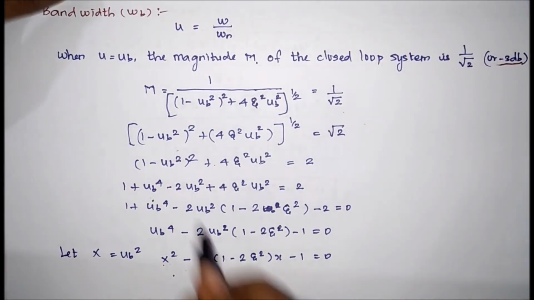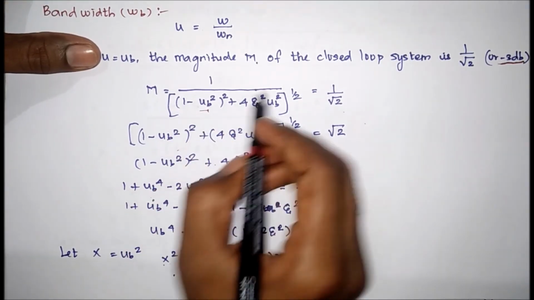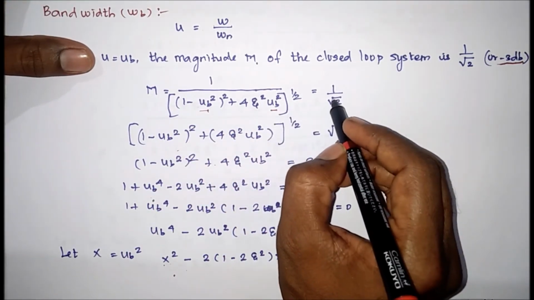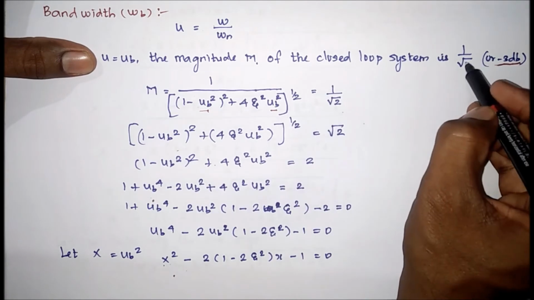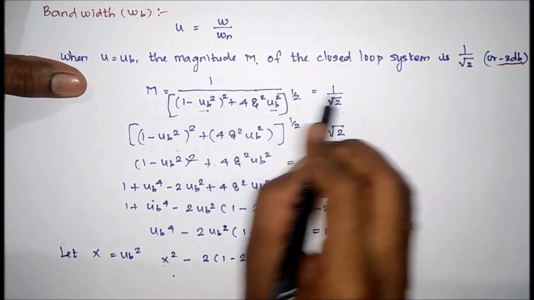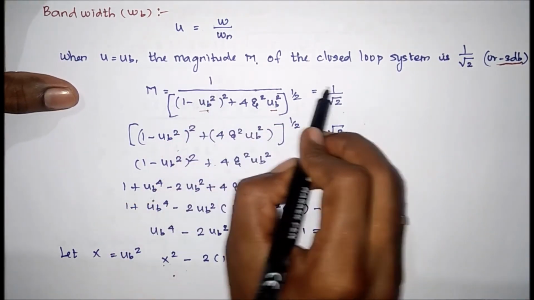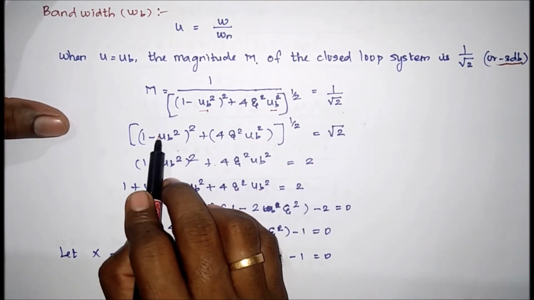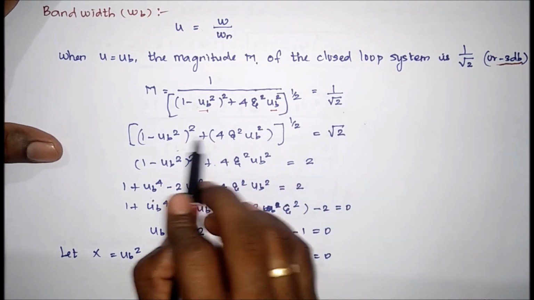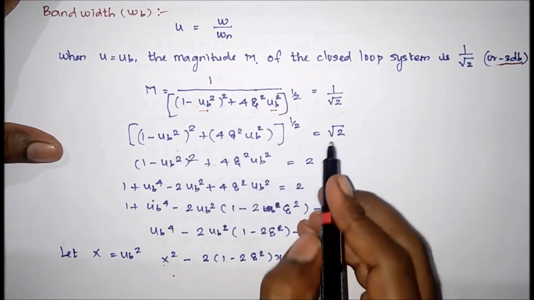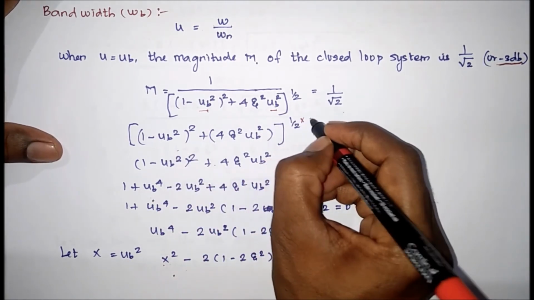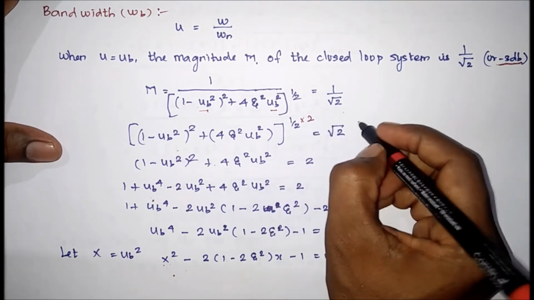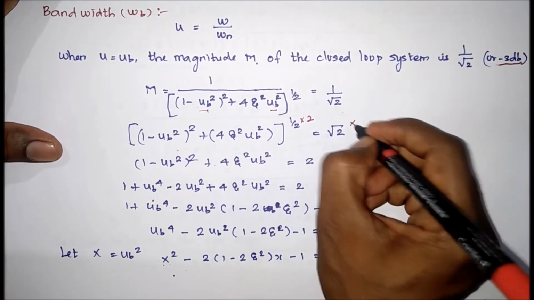Then we have to equate its magnitude to 1 by root 2. If we compare these two, the numerator equals 1, but the denominator term equals root 2. Therefore this term equals root 2. Now we are going to square both sides, so here we multiply by square 2, and here also we multiply with the whole power 2.